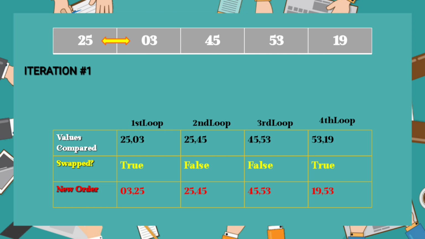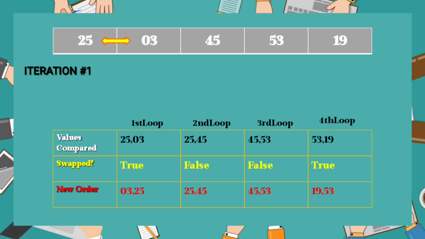So, we need to swap and then ang magiging order na nila ay 3 and 25. Next, proceed tayo sa second loop. Ito ay nasa loob pa rin ng inner loop. 25 and 45. So, hindi na natin sila kailangan iswap and retain ang kanilang order.